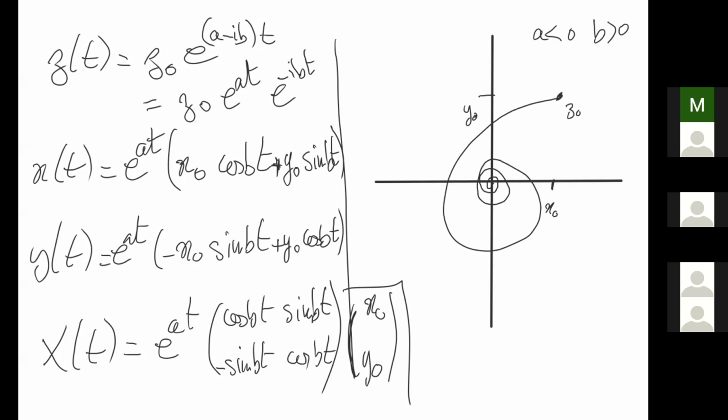And no, I'm wrong, because I told you that my b was positive, but here I have a minus here, I'm going in the other direction, so I'm going like that.